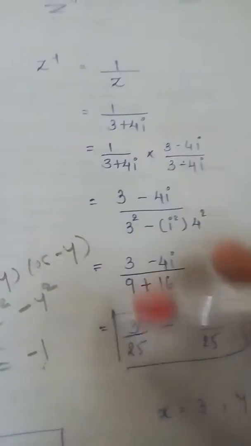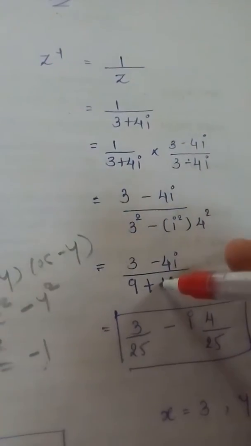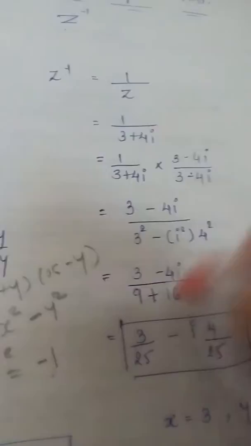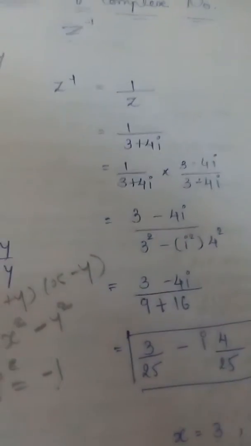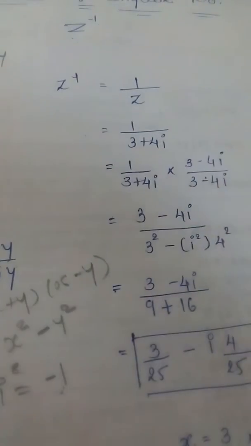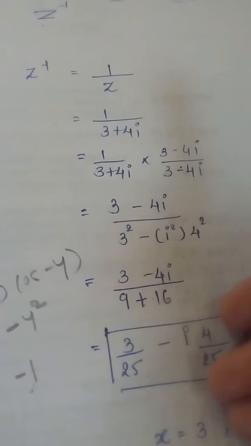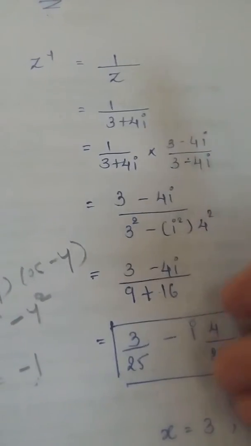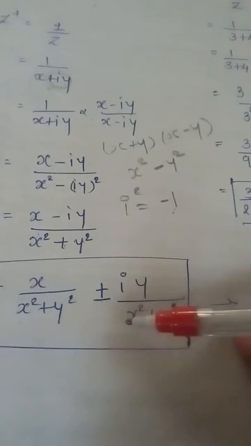Now, this is the lengthy method. You might get this question in your MCQs, and if you use this long method, it will consume time. For that, you need a shortcut, which is this equation.